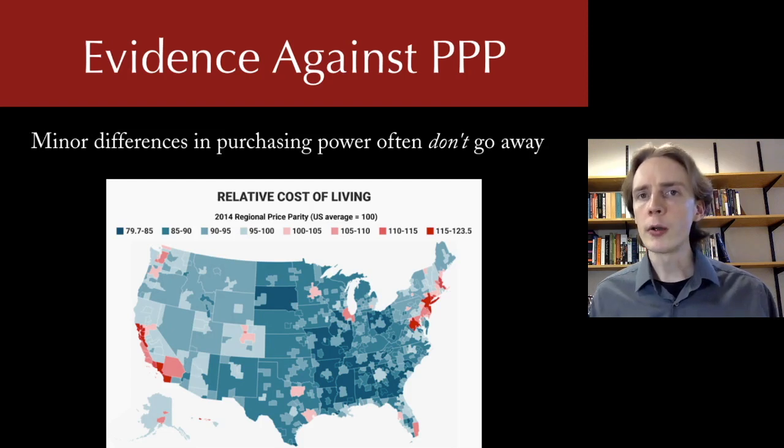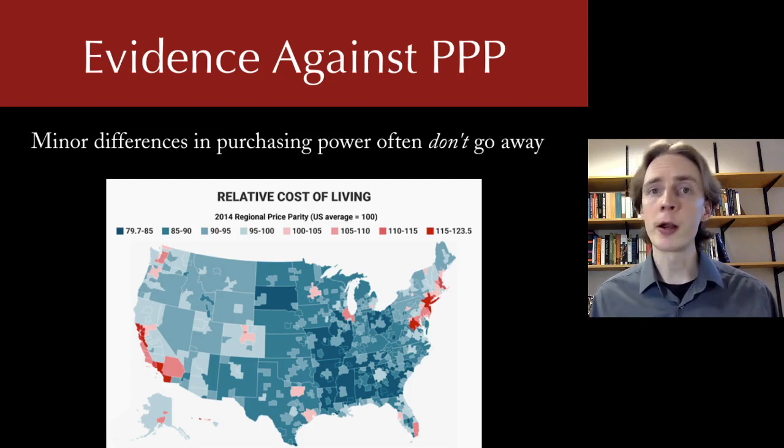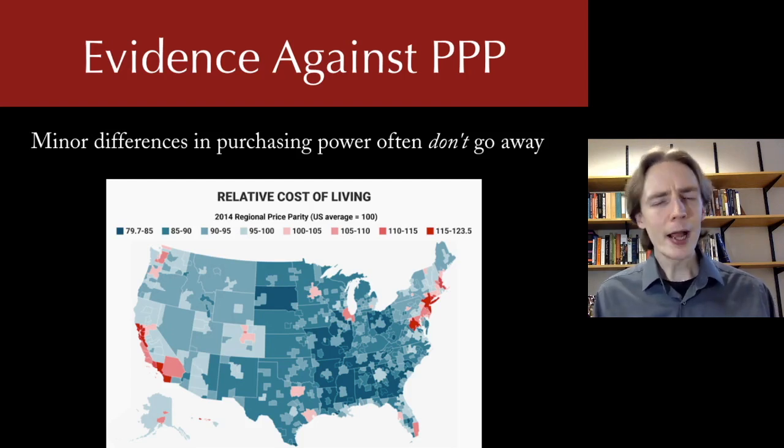So even though major differences in purchasing power parity go away really quickly, if you have a hyperinflation or even a moderate inflation, arbitrage is going to equalize those pretty quickly. But minor differences, those are going to be somewhat persistent.